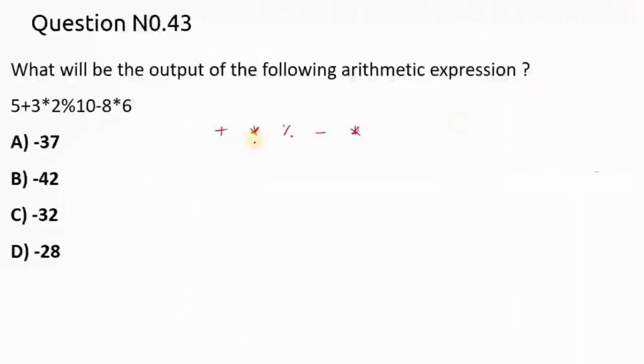So multiplication, then percentile, then this multiplication. After that, again left to right. So this multiplication first, then this, like this I'll go. First multiplication 3 into 2, so 5 plus 3 into 2 which is 6, percentile 10 minus 8 into 6. Next 6 percentile 10.